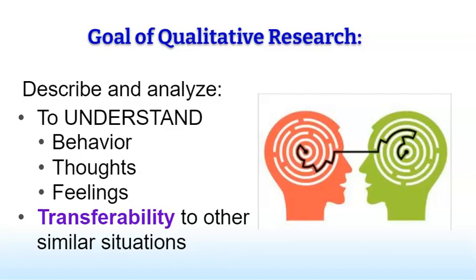In qualitative research, we want to describe and analyze in order to understand either behavior or thoughts or feelings, things that are hard to quantify. Now, we don't talk about generalizability with qualitative research, but we do use the word transferability, because we can transfer the results of our qualitative studies to other similar situations, even though we will not be generalizing to a large population.